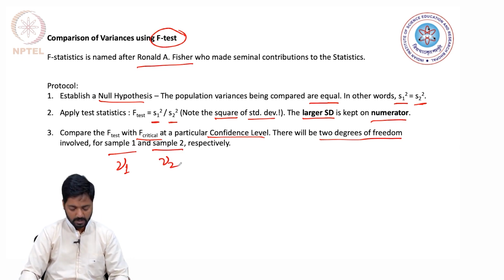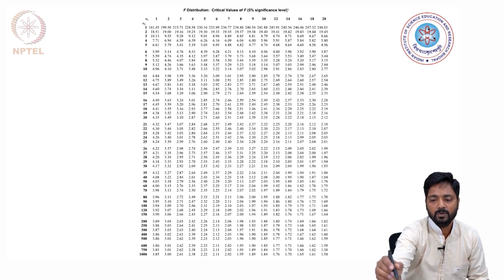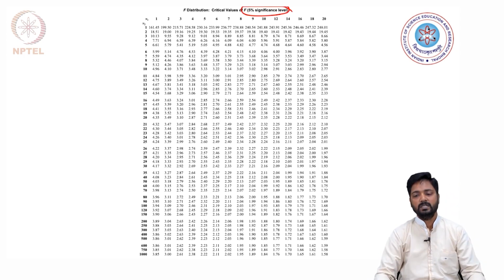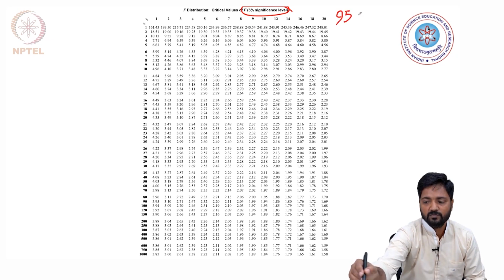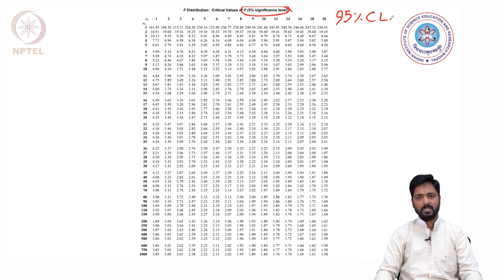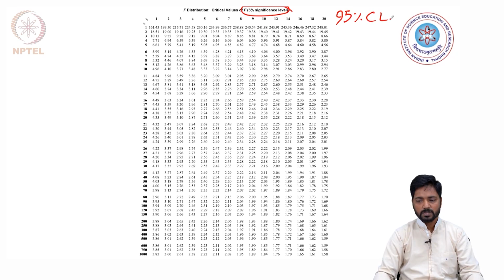So just to give you a quick view of what these statistical tables look like, this is one F distribution table which is shown here, and the critical values of F are tabulated at 5% significance level, or in other words 95% confidence level. Now this is the confidence level which we have been working with quite often in this course.